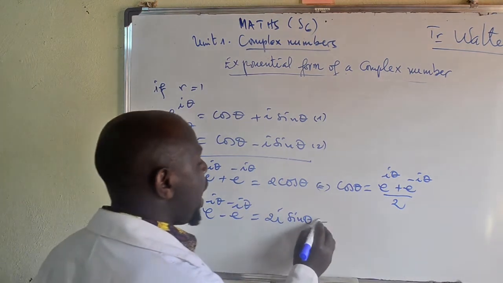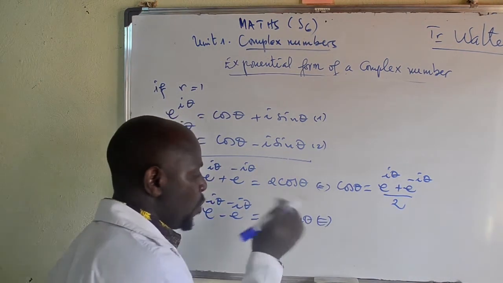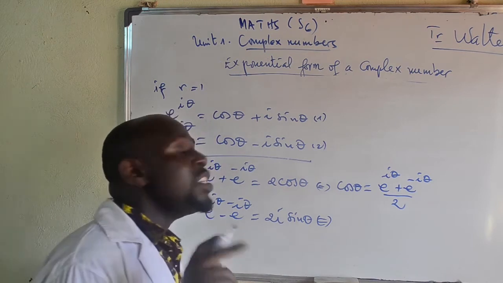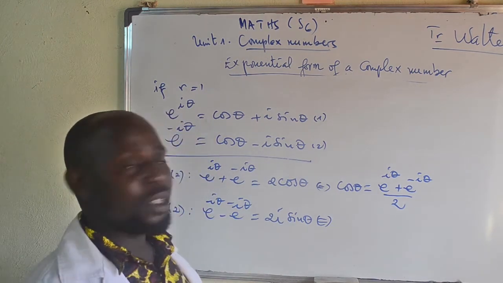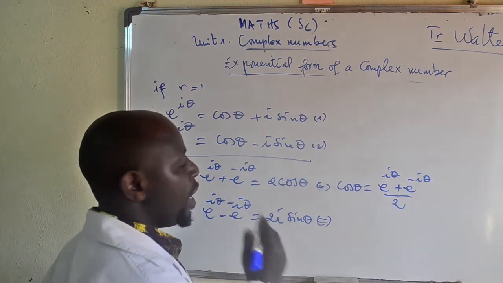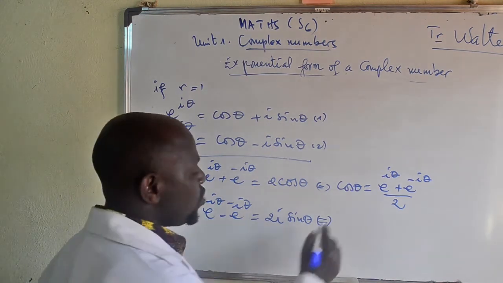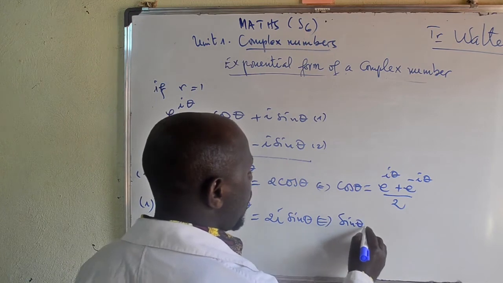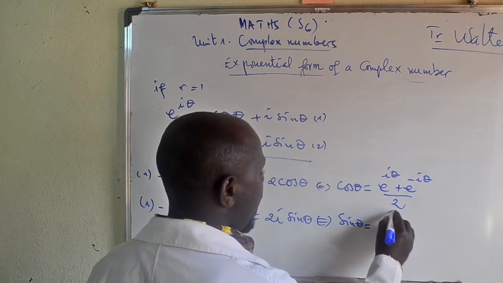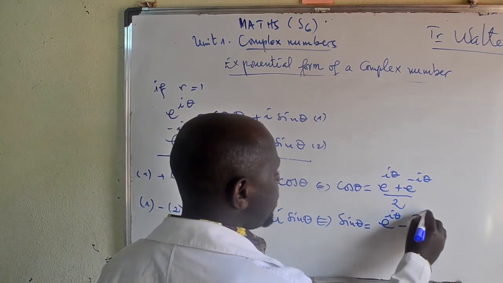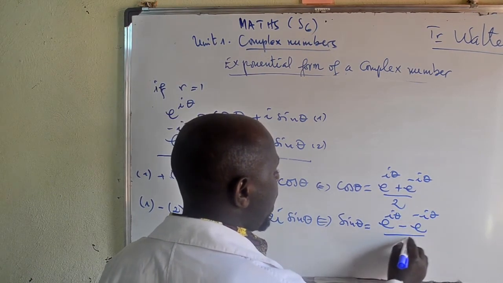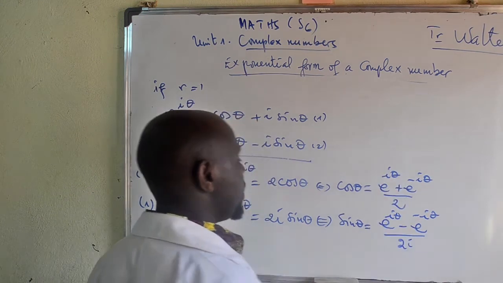Now, we again have a purpose to find sine theta, which is the imaginary part. This was another way to find the imaginary part and the real part of a complex number in polar form. So sine theta will be equal to e power i theta minus e power negative i theta over 2i, ladies and gentlemen.